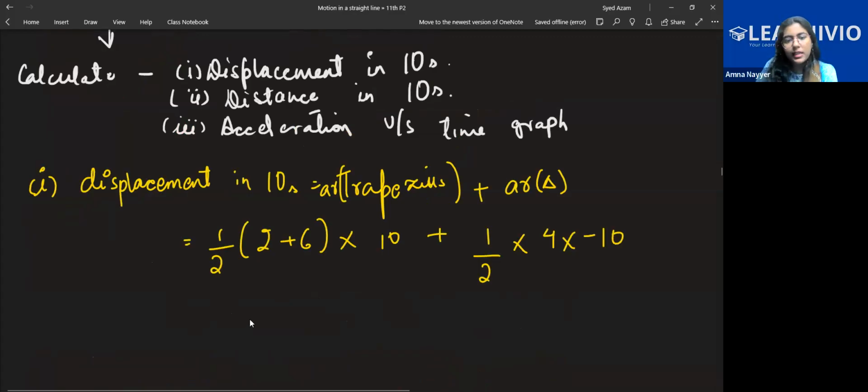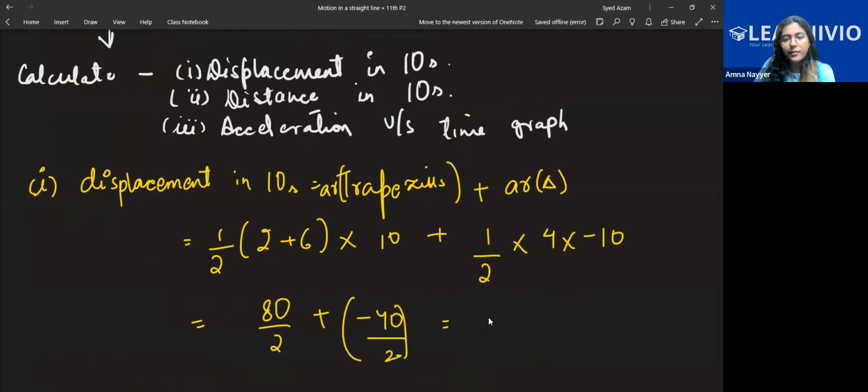So 2 plus 6 is 8, 80 by 2, plus half into 4 into minus 10 is minus 20. Let me write it as minus 40 by 2. So this is 40 minus 20, that is 20 meters. This is the displacement. Now look, what will be the distance?